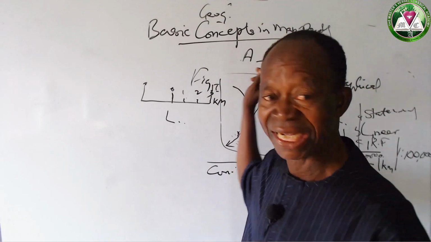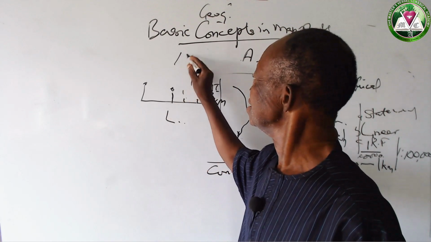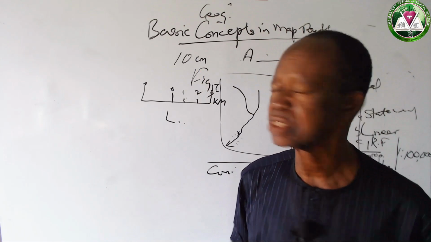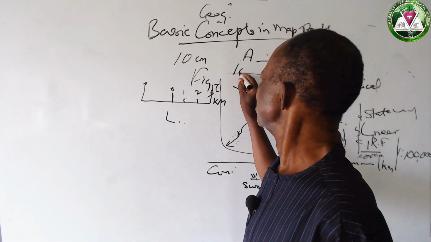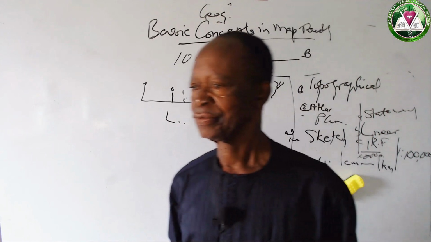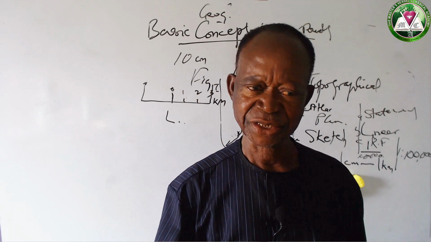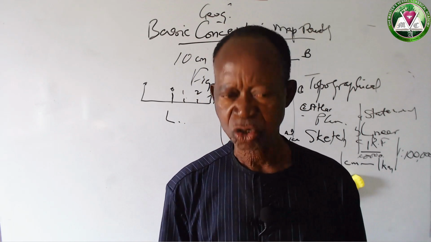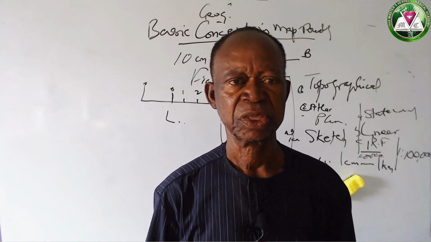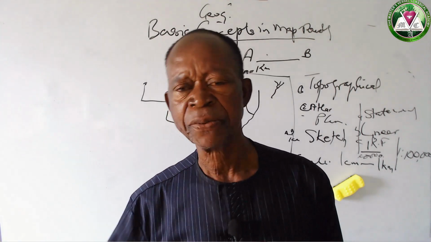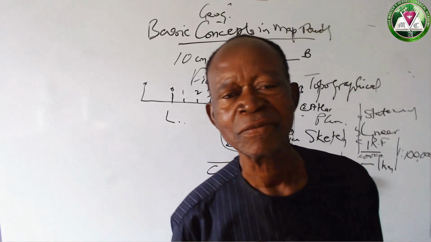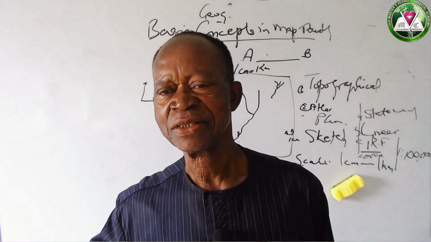Assuming the A to B line is 10 centimeters, and the scale is 1 cm equals 1 km. John answered it. Quite correct, because it is a very easy approach. Since 1 cm represents 1 km, 10 cm represents 10 kilometers.